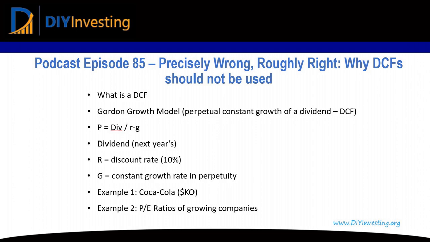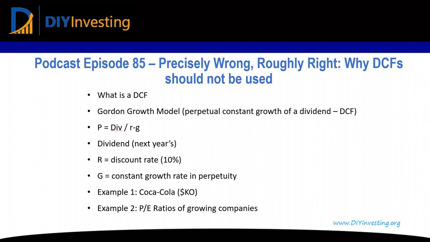I'm trying to estimate what range I think it is. But I think it'd be really hard for Coca-Cola to be less than 3% because of their strong market power. But obviously it could be. But that's what I think is a reasonable conservative estimate. But I think 5% is quite fast growth for Coca-Cola in the long term. Now, they might grow faster now, but at some point they're going to slow down. So any growth they have today will be offset by slower growth in the future.